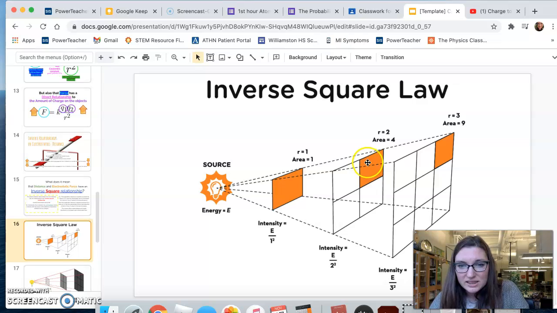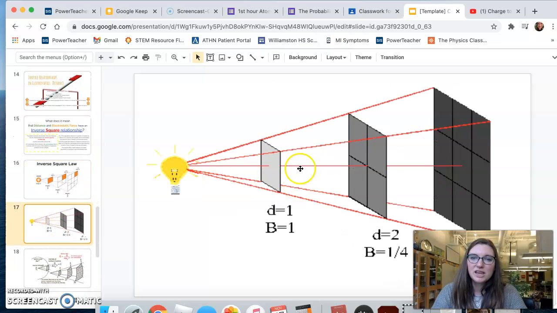So it's really like this amount of light is spread over 4 spaces. So you're getting like 25% of the light that you would have gotten. And then here, if you are 3 units away, then that same amount of light is spread over 9, or 3 squared, spaces. So this amount of light is like 1/9 of what it would have been before. Here's another way of looking at that. Pretty bright, less bright, much less bright, because all of that energy is spread over such a big distance.